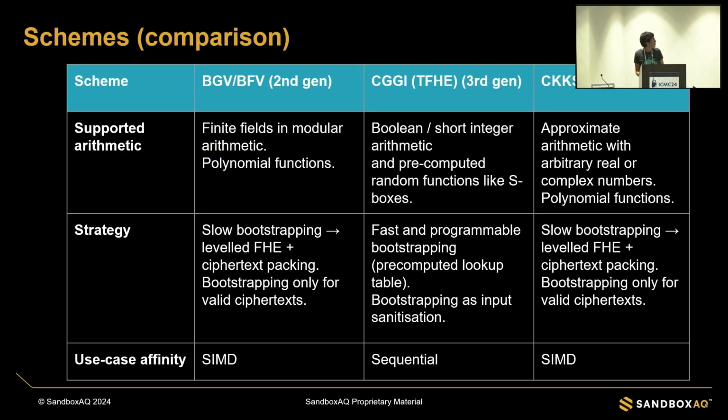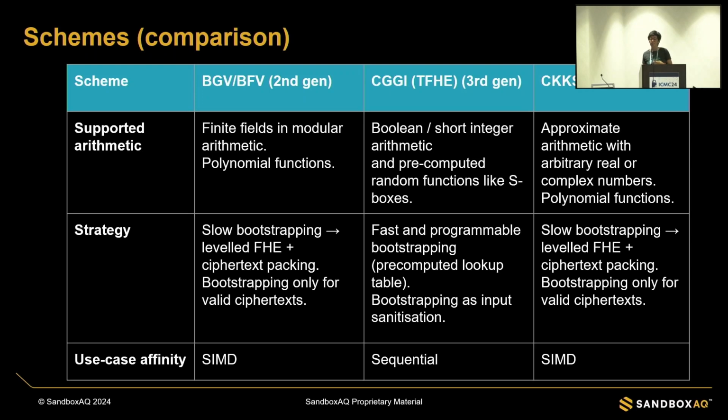And just to illustrate a bit how these different schemes serve different use cases, I added here a comparison table. I didn't intend to be super exhaustive on the properties, but just to give an idea. For example, schemes like BGV or BFV are good for working in finite fields or for computing polynomial functions.